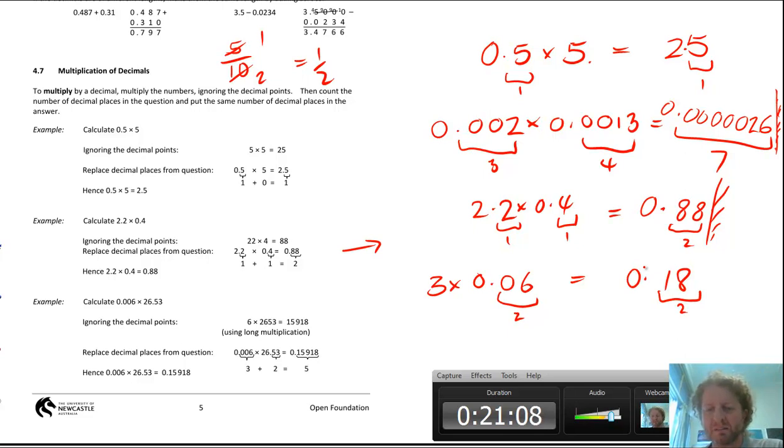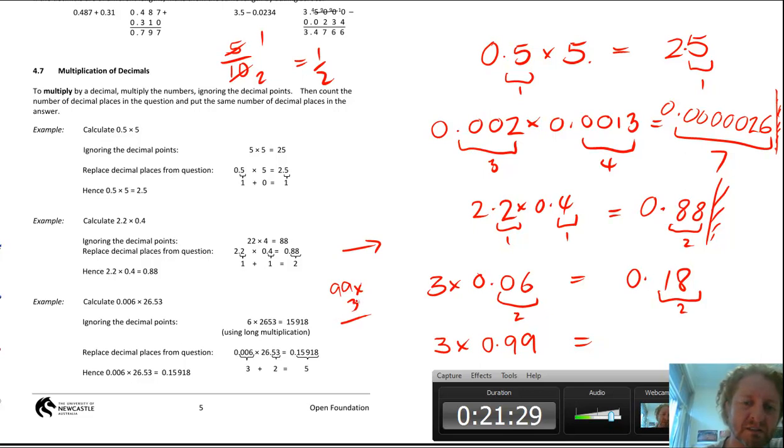And an example where it's going to be more like, say, I do 3 times 0.99. It's not particularly nice, but let's do 3 times 0.99 and work it out. Well, I might have to go to the side and work out what's 3 99s. 3 nines is 27, 3 nines is 27 again, plus the 2 is 29. So there it is at 297.